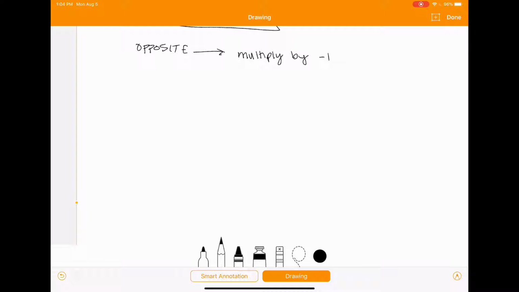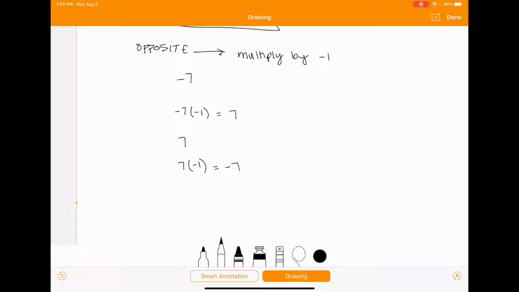So if you're asked to find the opposite of negative 7, you're going to take negative 7 times negative 1, and so that's going to be 7. Or the opposite of 7, you're going to take that times negative 1, and so you're going to be left with negative 7.